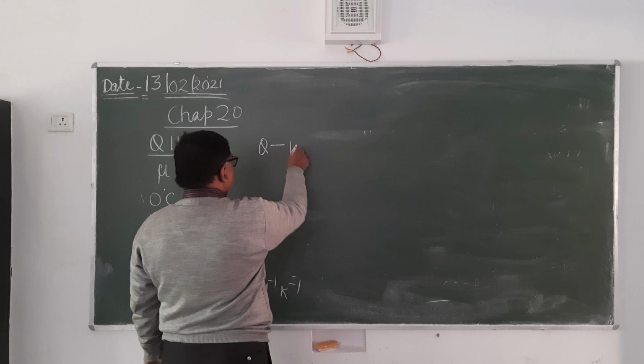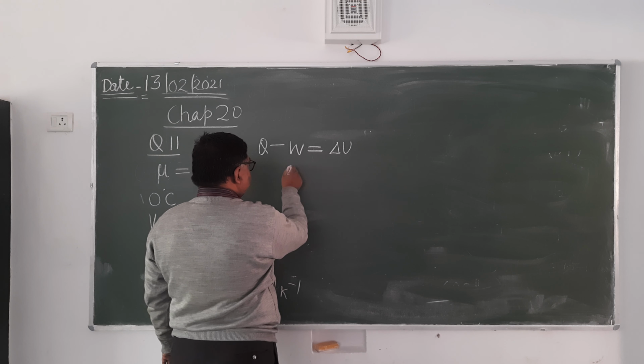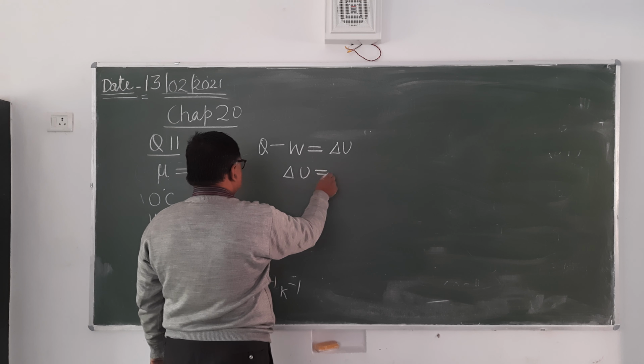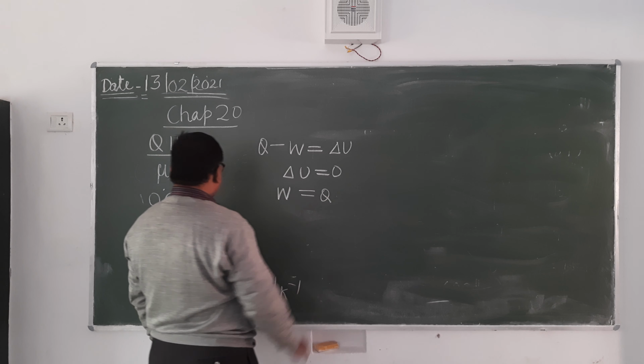Delta U will be 0, means W will be equal to what? From the first law of thermodynamics, Q minus W equals delta U. Delta U is 0. It is clear? So what will be W? W equals Q. Now, we already know the direct formula for work done. What is the formula?